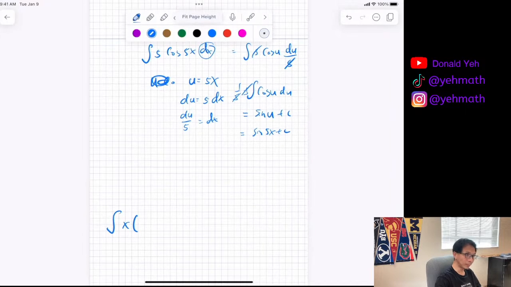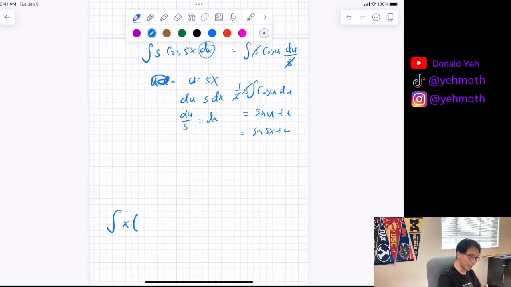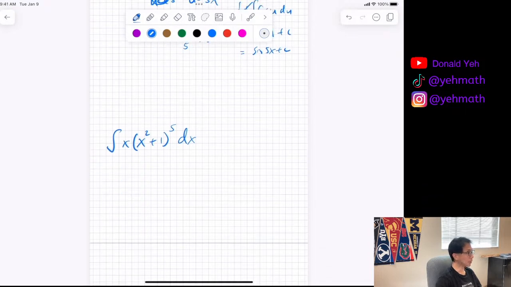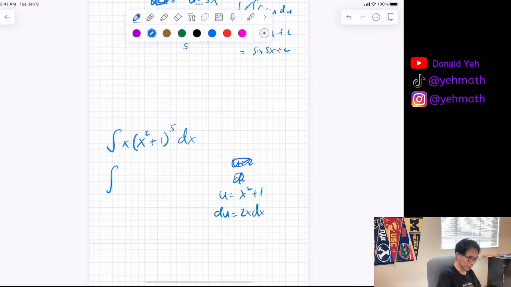Okay, so let's just say I have x squared plus 1 to the 5th power dx. Do you see what u has to be? Usually u is inside the parenthesis. So what is the du? 2x dx.